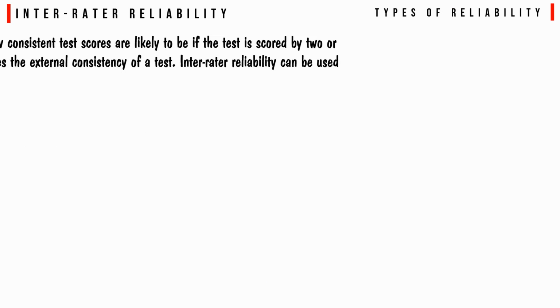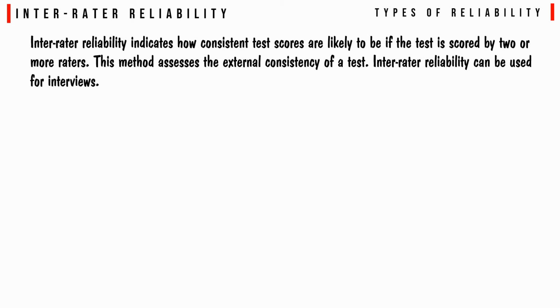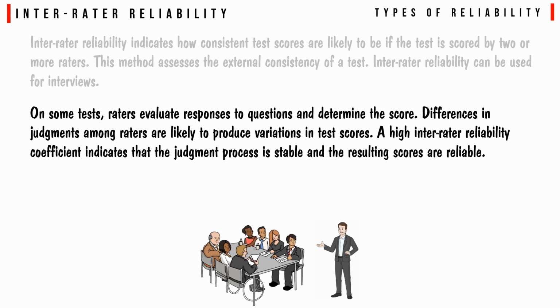Inter-rater reliability. Inter-rater reliability indicates how consistent test scores are likely to be if the test is scored by two or more raters. This method assesses the external consistency of a test. Inter-rater reliability can be used for interviews. On some tests, raters evaluate responses to questions and determine the score. Differences in judgments among raters are likely to produce variations in the test scores.